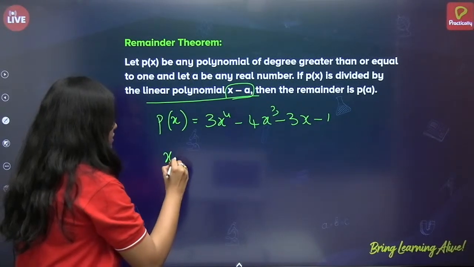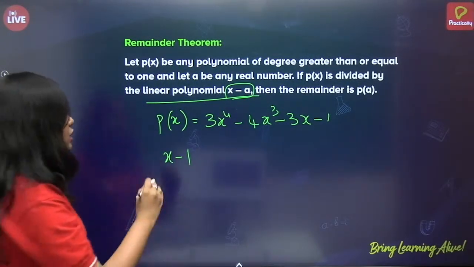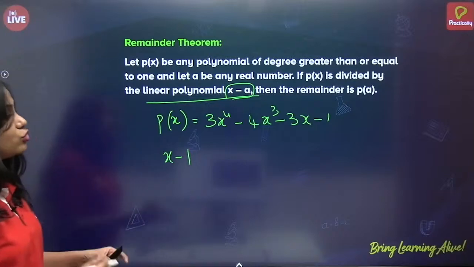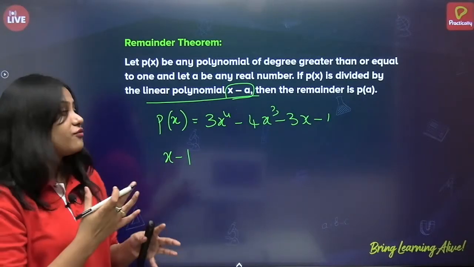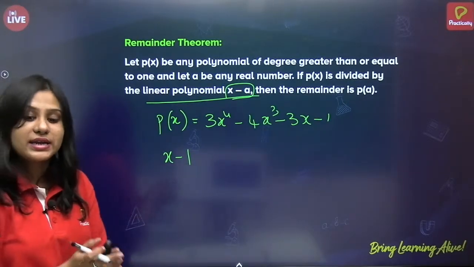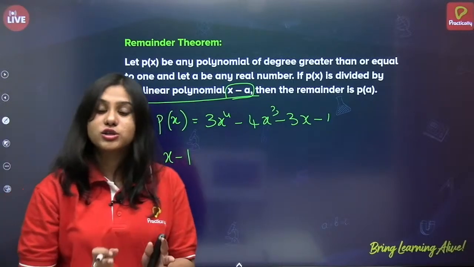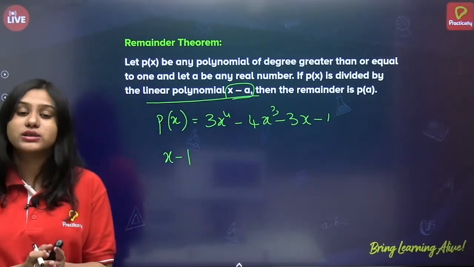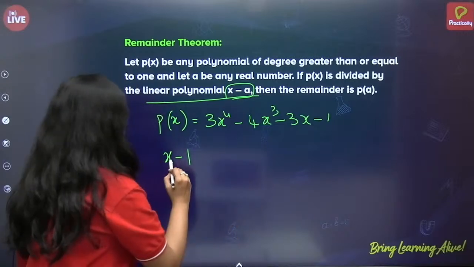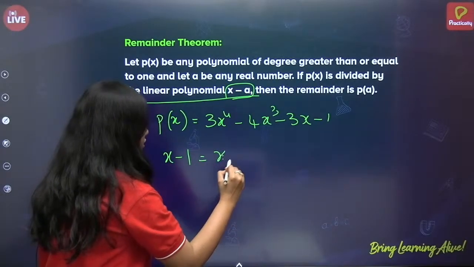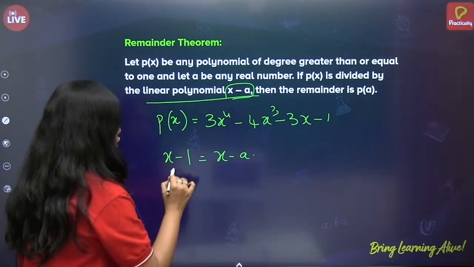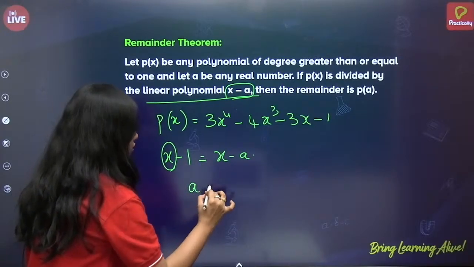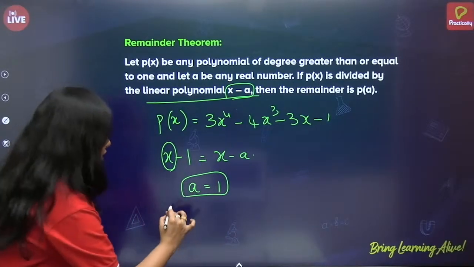It is x minus 1, correct? So what we have to do is find P of a, so that we will be getting the remainder. I am not teaching the proof again because it is not included in the syllabus. So x minus 1 is equal to x minus a, correct? So what will a be here? a is equal to 1, right? Now do P of a.